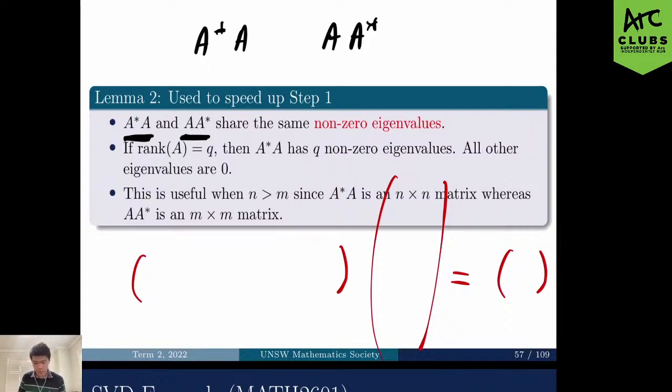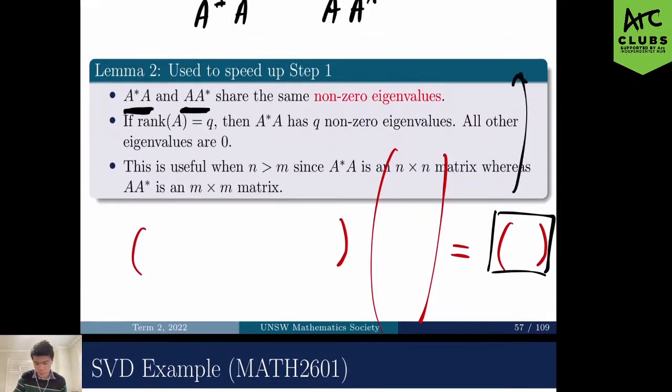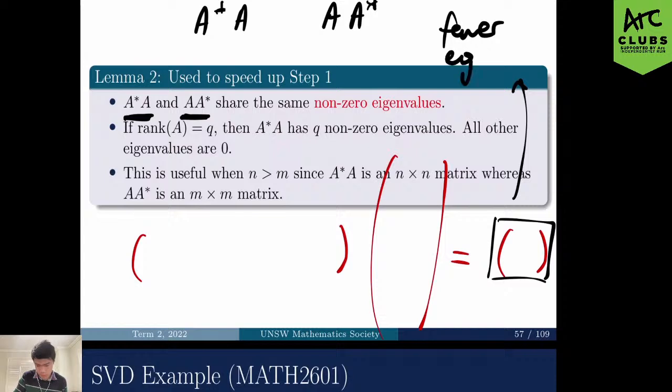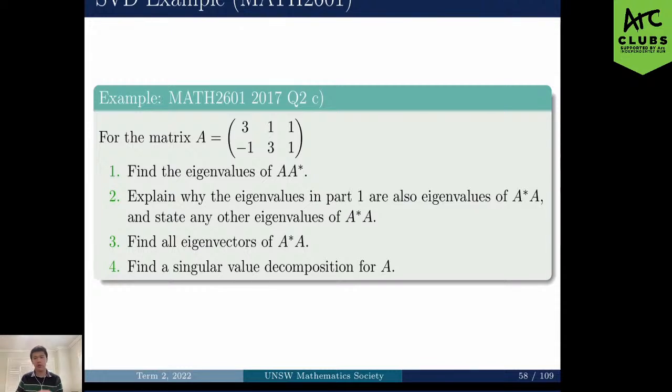So you will get fewer eigenvalues because this matrix is smaller. But the idea is you fill in the remainder of the eigenvalues with zeros, and then you get a full set of eigenvalues.